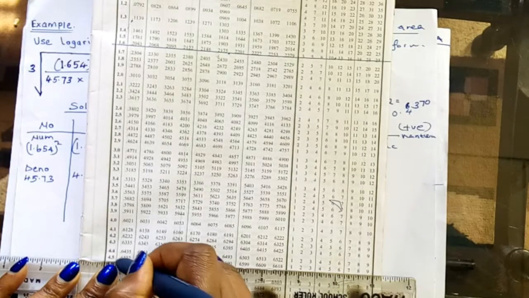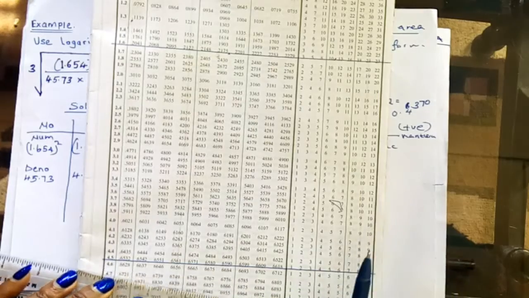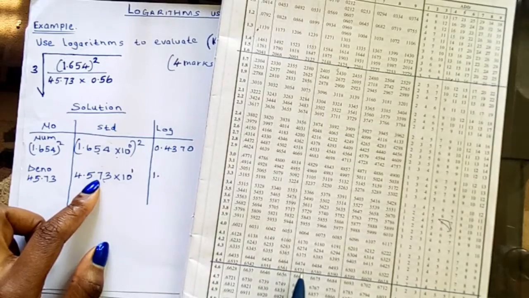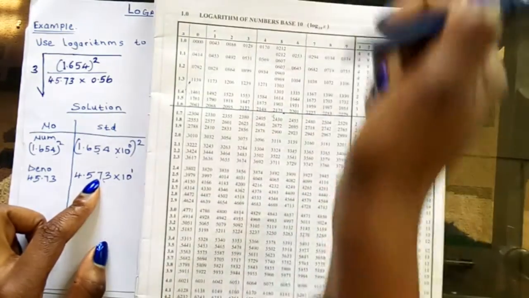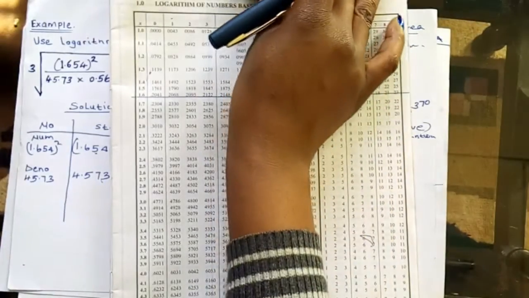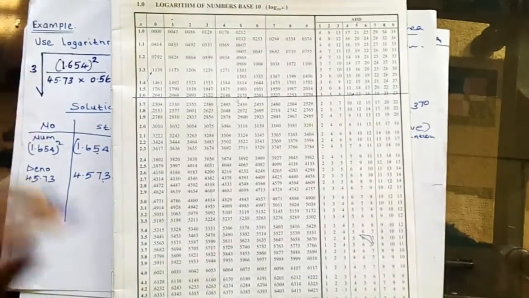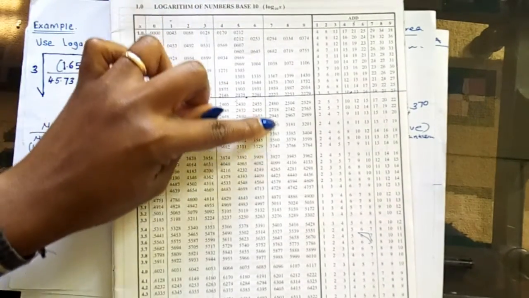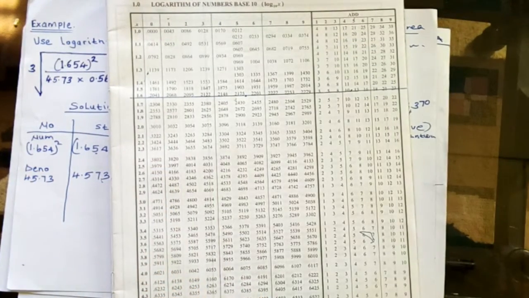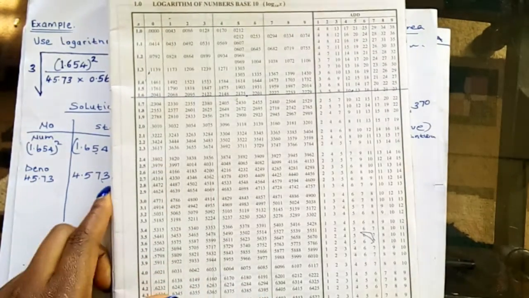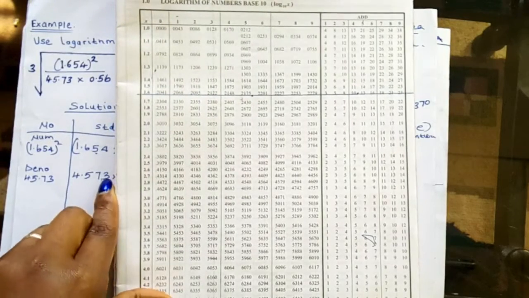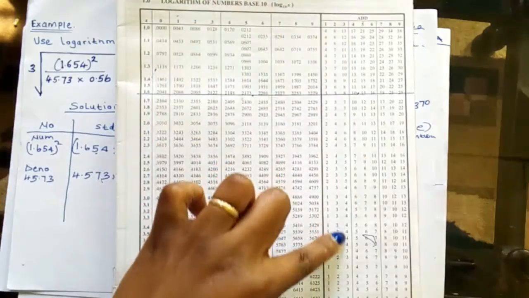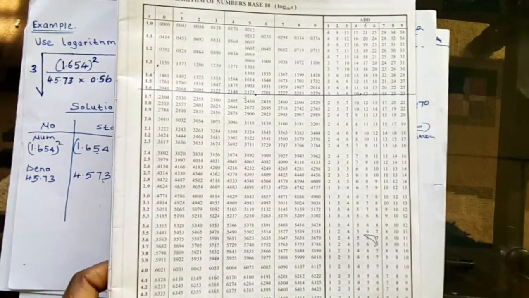Therefore we go to the column headed 7. This is where you have 7, so we go down all the way. This is the number. And then we go to the add column headed 3. These are the numbers that we are going to use.